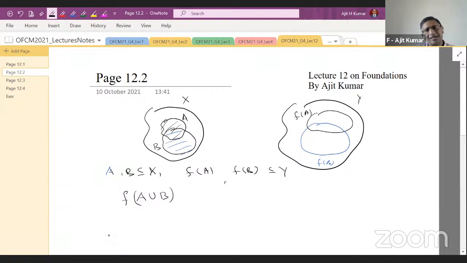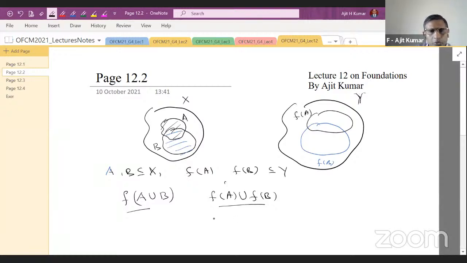So take union, take its image. On the other hand, I already have f of A and f of B, so you can take the union of these two sets. Both this and this are subsets of Y.